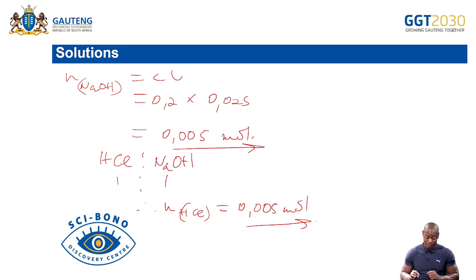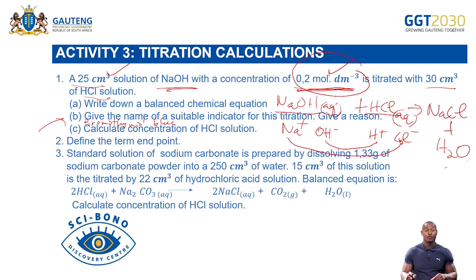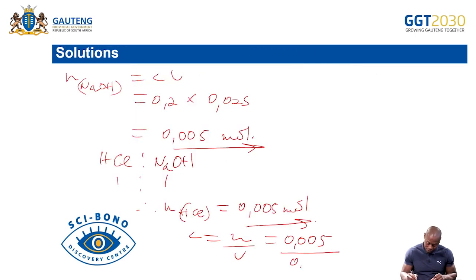Now I have the number of moles. Remember, we are looking for the concentration of hydrochloric acid. C equals n over V. n is 0.005. The volume that was used to neutralize 25 cubic centimeters of sodium hydroxide is 30, so here it is going to be 0.03. Why 0.03?